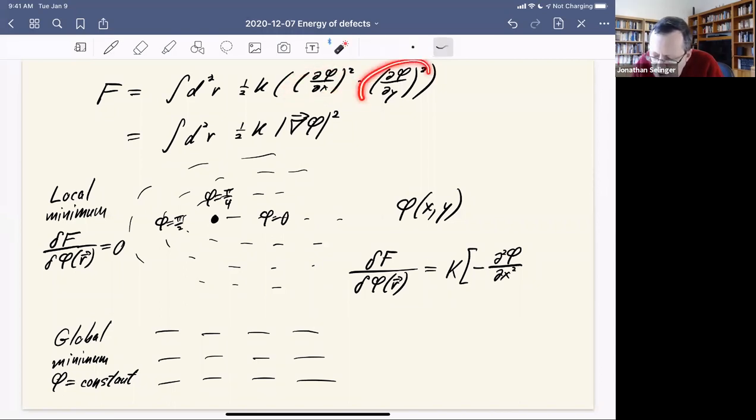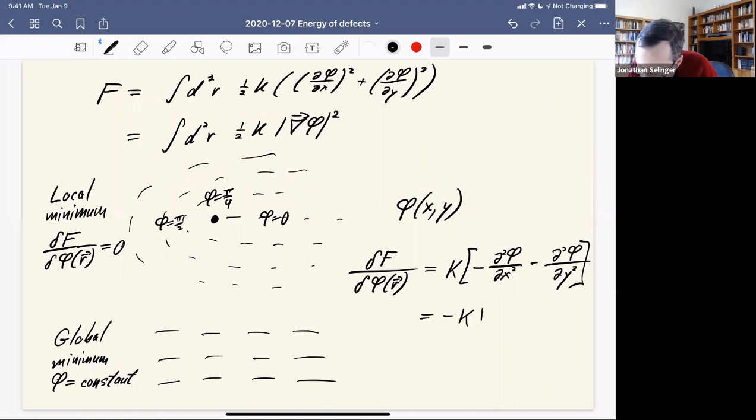And then the second term, by the same kind of argument, gives us the negative second derivative of phi with respect to y, like that. So the combination of these things could be written as negative k times the Laplacian of phi. So that is what has to be equal to 0.